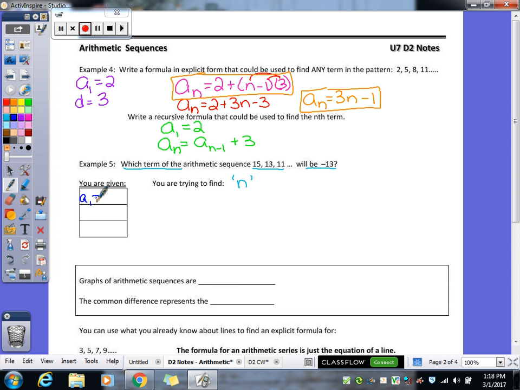So we know our first term is 15. What's our common difference? Not 2, negative 2. The other part that we know this time is our a sub n is negative 13. We know what the actual term is. We're just trying to find what number in that spot it is.